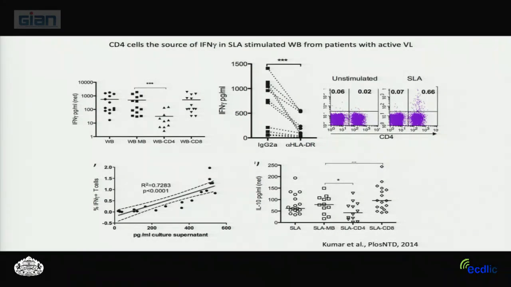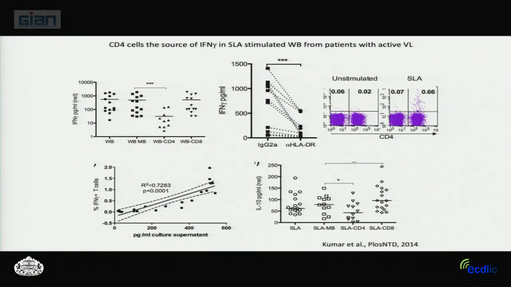By flow cytometry intracellular cytokine staining in whole blood cells stimulated with SLA, it was CD4 cells, and you could see some staining for interferon gamma. There was a nice association between the percent interferon gamma positive T cells in this staining assay and the levels of cytokine released in culture.